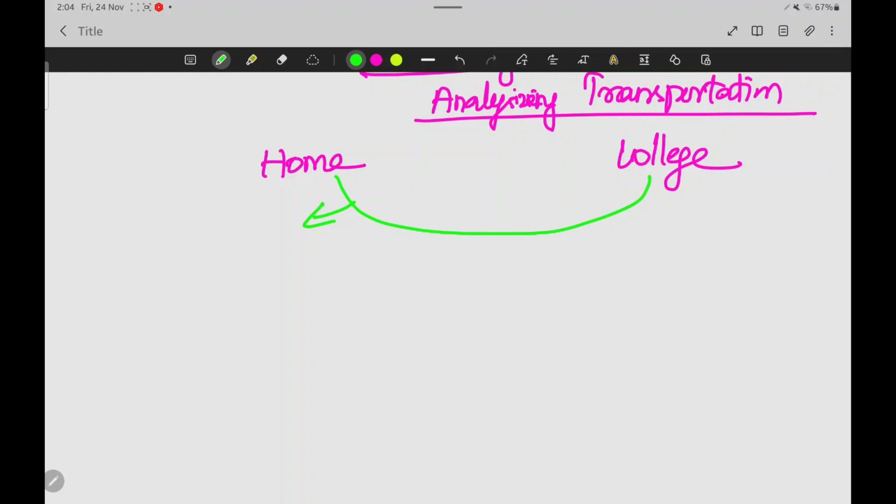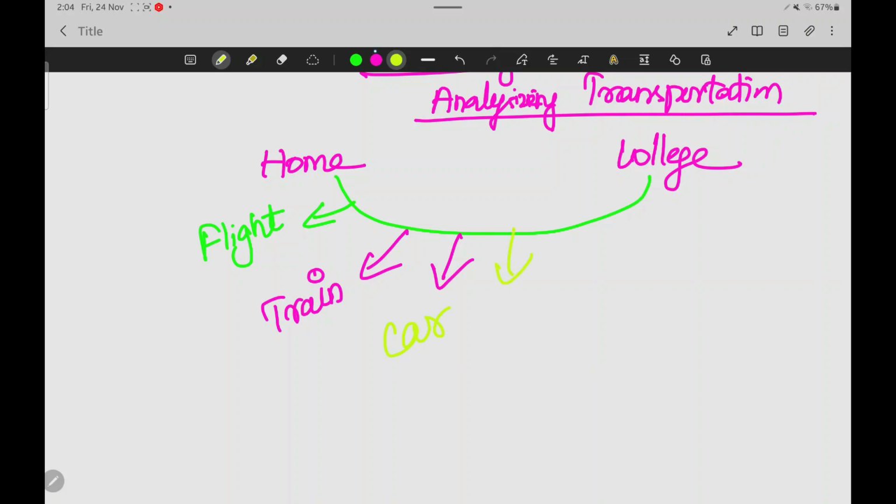So first thing what we can do is we can go either through the flight or we can go through the train or we can go through the car or we can go through any two-wheelers or we can go through anything else, bicycle or walk.